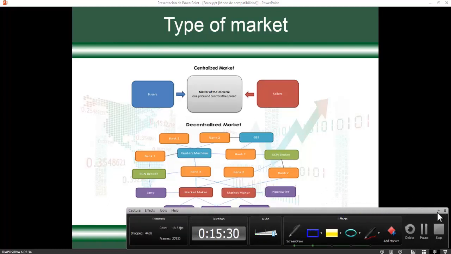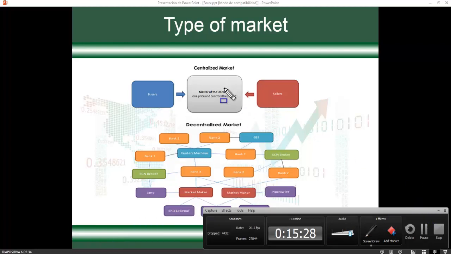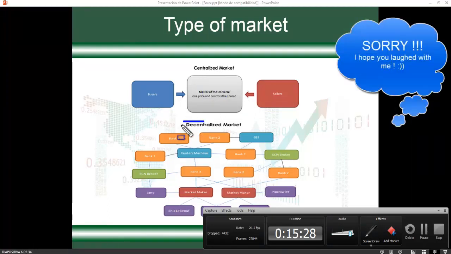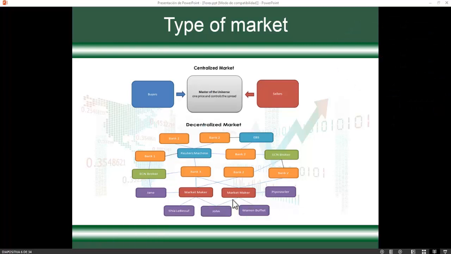We obviously have two types of markets. The type of market up here is a centralized market, very typical in the stock markets, where you have sellers, you have buyers, and then you have the master of the universe, the regulators, the controllers, which is the stock entity that controls the stock that day, who controls the price and the spread, the difference between bid and ask prices, and puts things right for the traders and the buyers and sellers in that market.